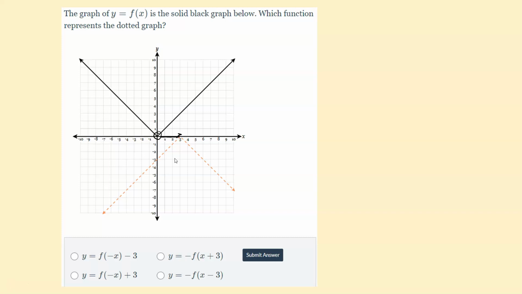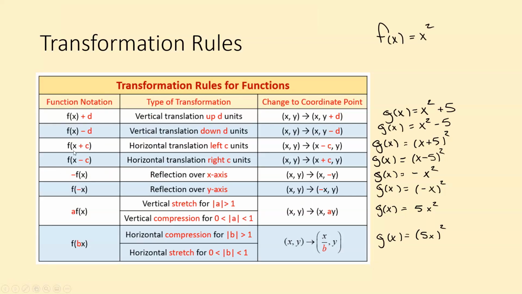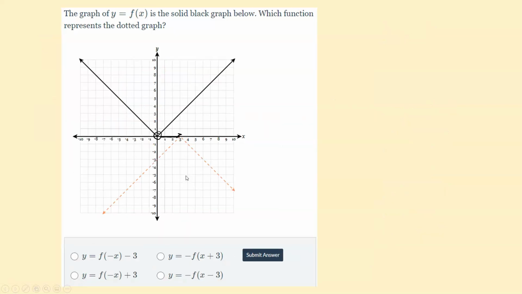So we look back at our table, and right is subtraction inside the function, and reflection over the x-axis is negative outside the function. So that would have to be this one right here: subtracting 3 inside the function and negative outside of the function.